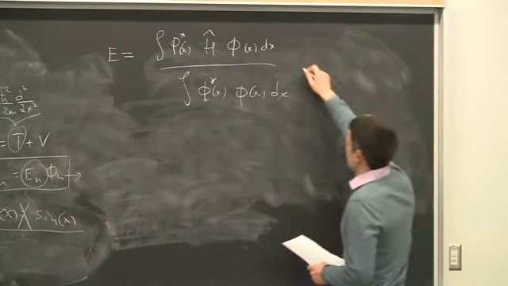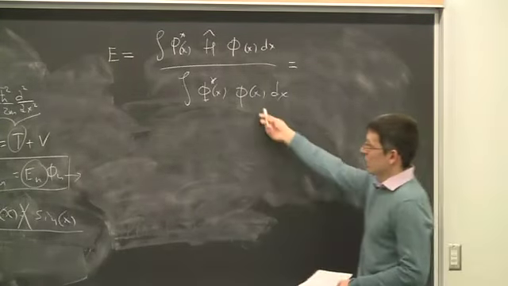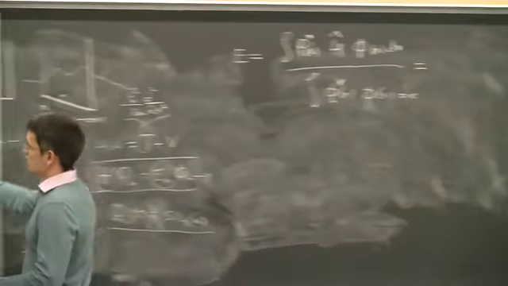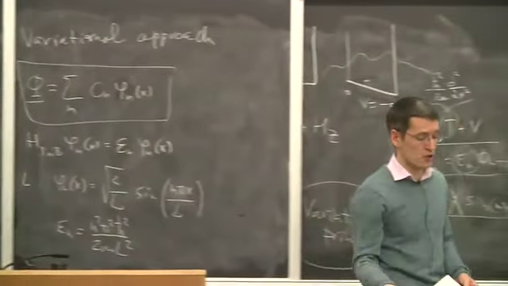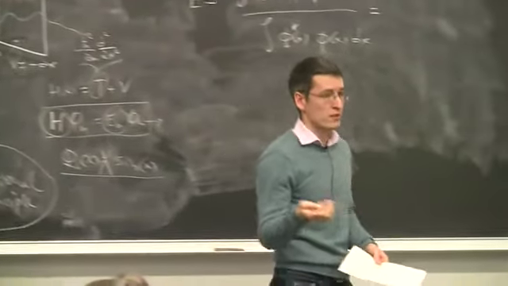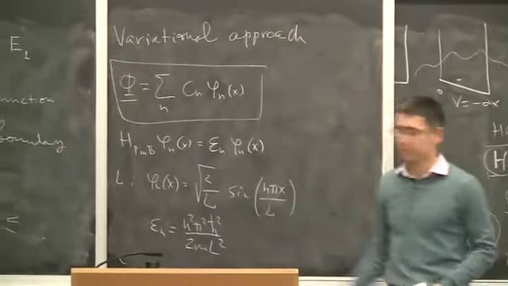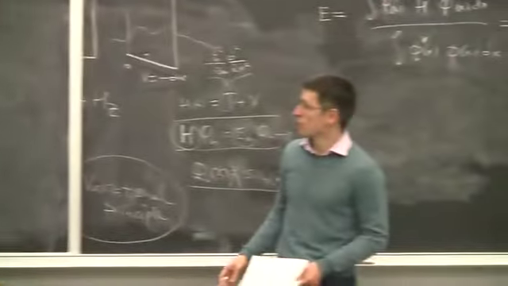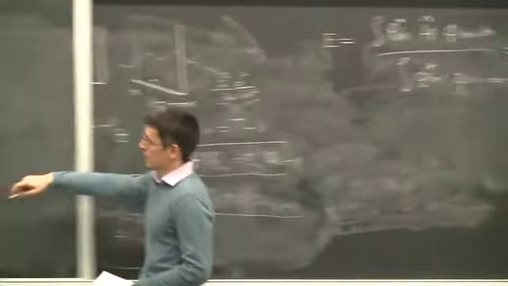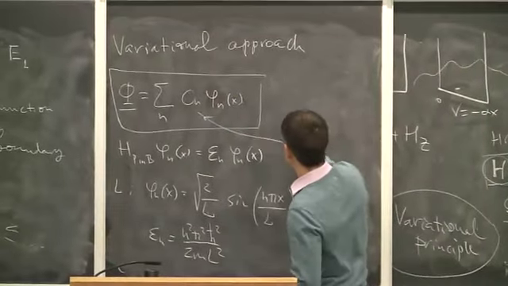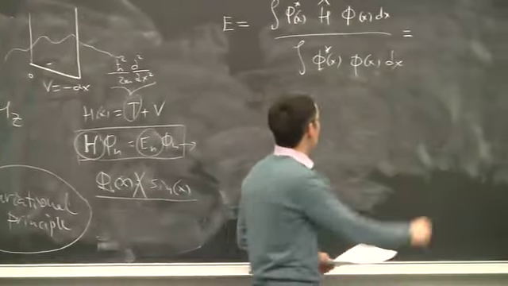Okay, and naturally, because phi contains coefficients and functions, but the functions we know, right? The phi n's, which are involved here, we know them. So the only unknown part in phi is these coefficients c n. Right? So they are the only unknown components.